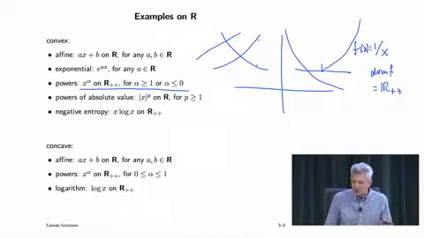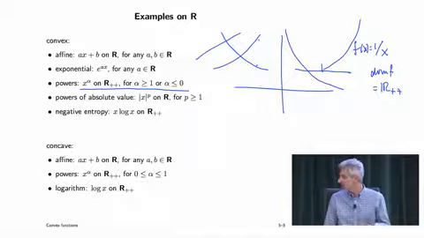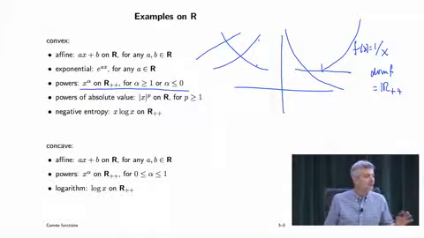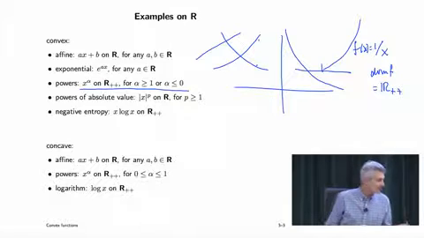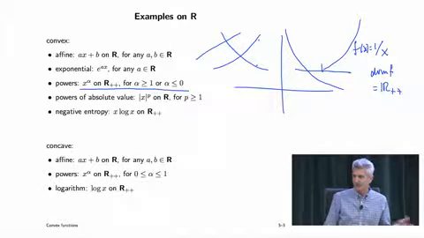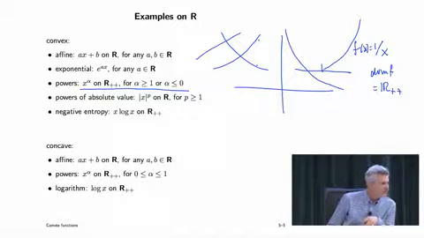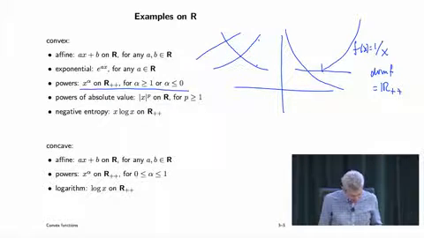So usually when we say 1 over x, and we'll see this for several other functions, we mean a different function. We mean one that's not defined for x negative. Whereas, of course, 1 over x is quite well defined for x negative. So, okay. What can you say about 1 over x for x negative? Convex, concave? It's concave.